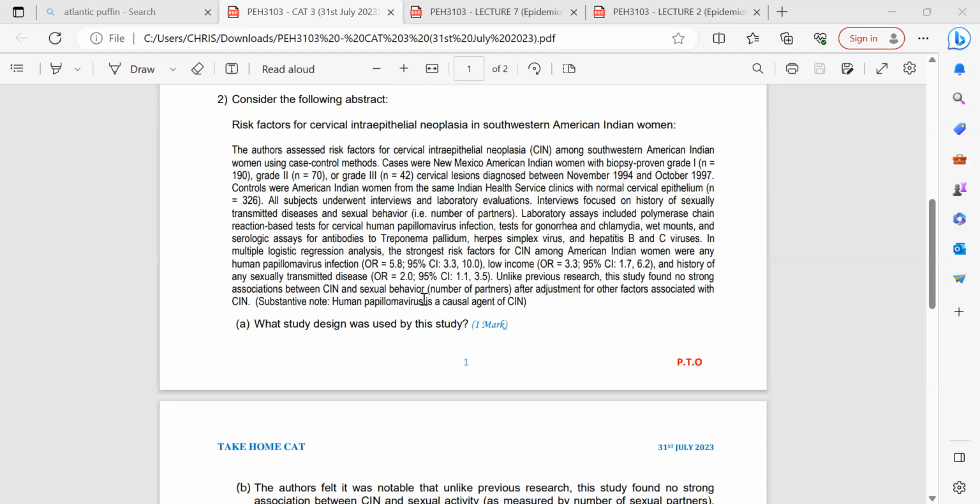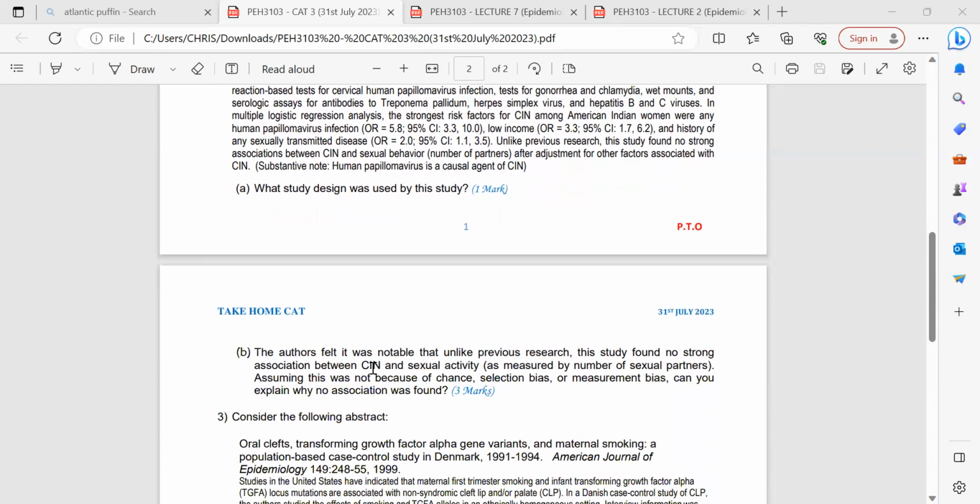No, this is just one study. Yeah, no. Okay. The author felt it was notable that unlike previous research. Yeah, the research that were done previously, before 1994 probably. Yes, so there were two research studies that were done before that one and this one.